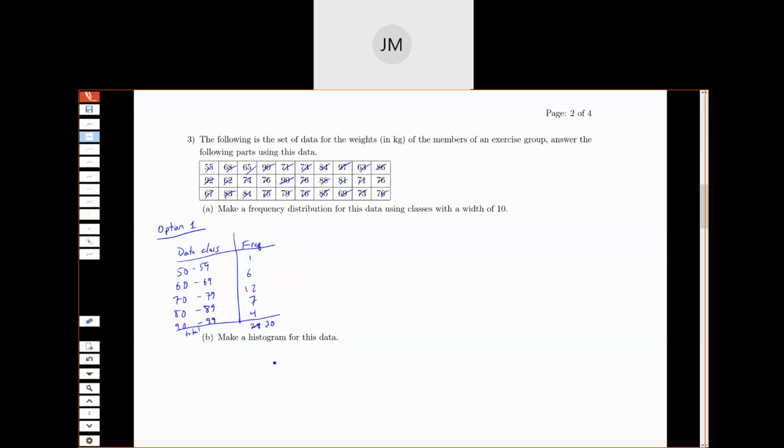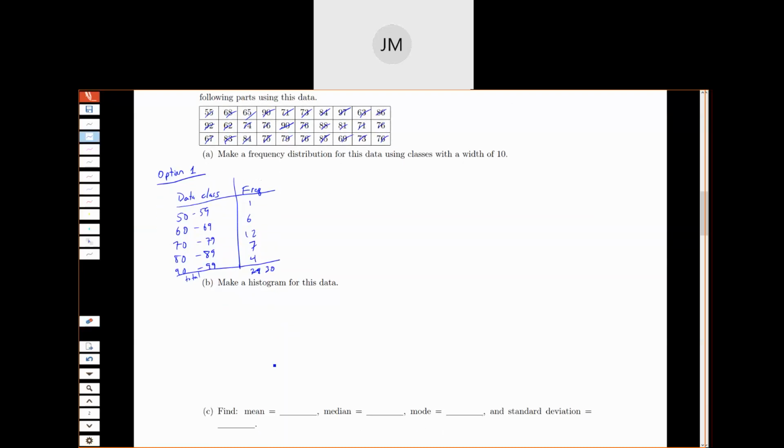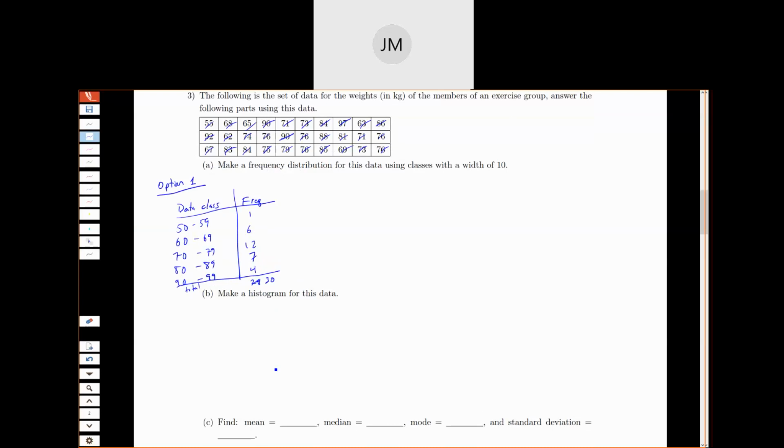All right, so if I do this, I can finish the rest of the problem just by doing things by hand, right? Make a histogram, no problem. Once you have a frequency distribution, a histogram is very easy.